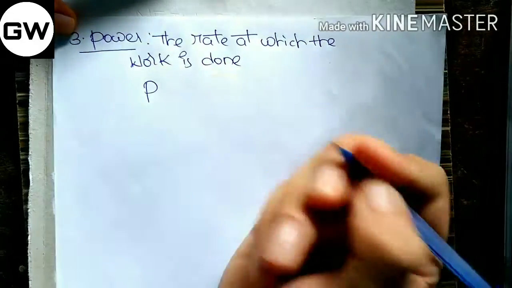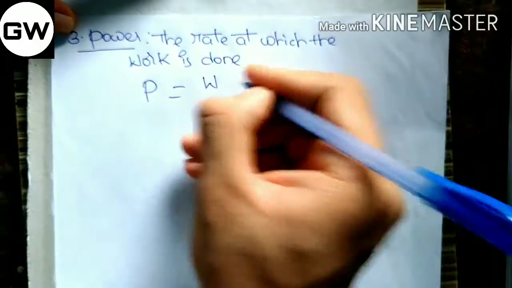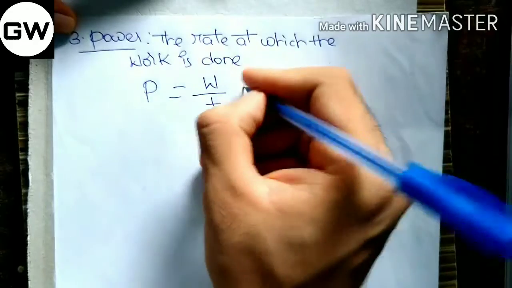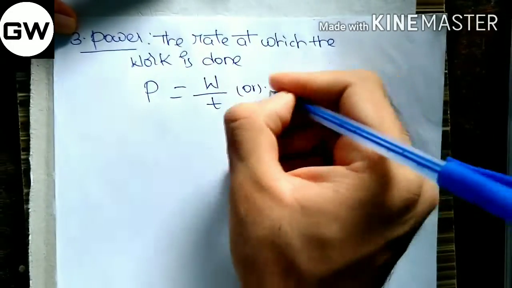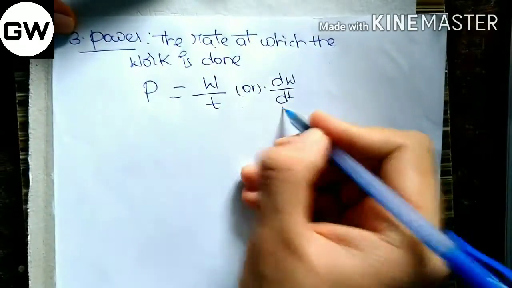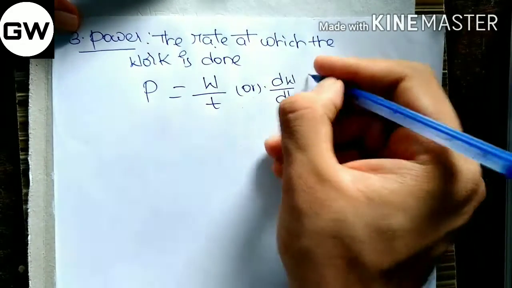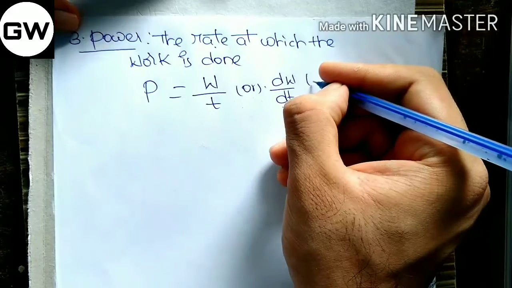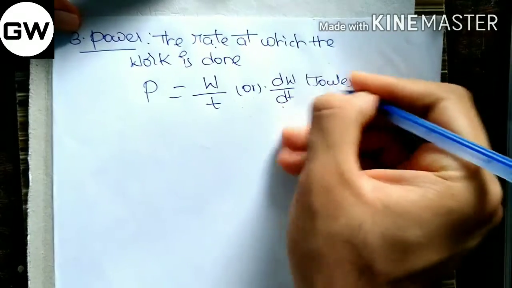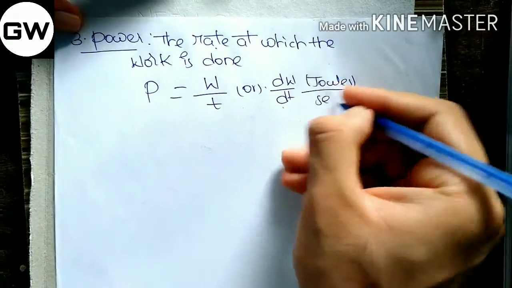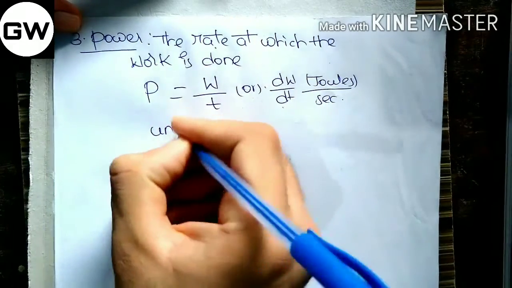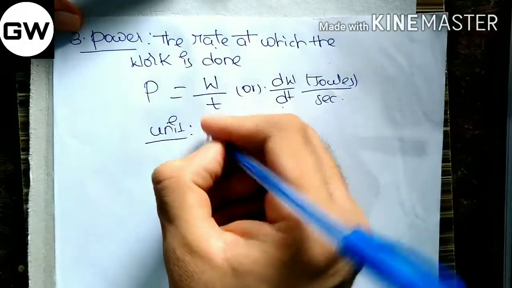It is denoted by the letter P. P is equal to work done by time, or dW upon dt. Rate means the denominator is dt, with respect to time. The unit for the work done is joules and the unit for the time is seconds, so joules per second, or the unit for the power is watts.